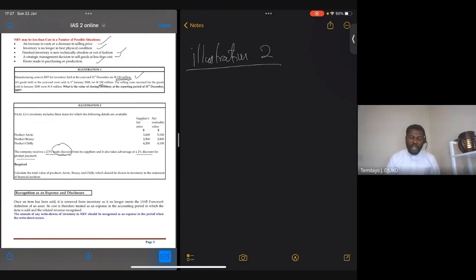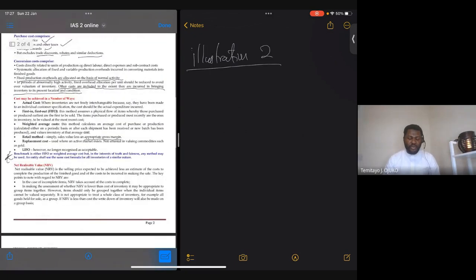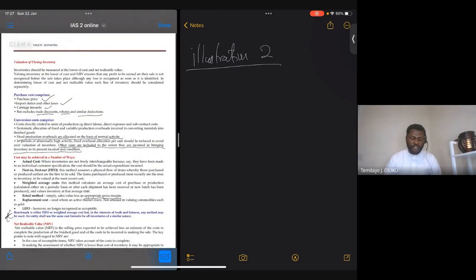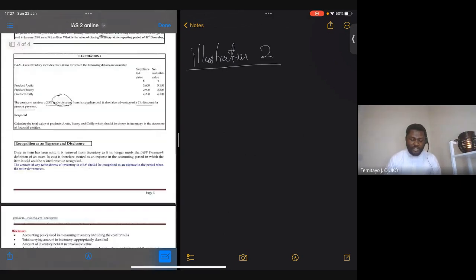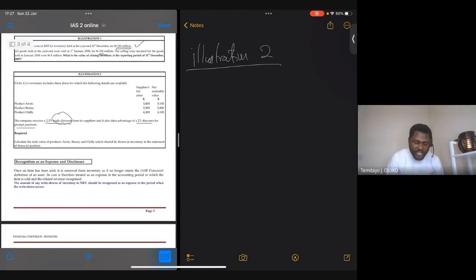Now, when we're looking at what comprises the cost of an inventory, we said it should exclude trade discount, rebate, and similar deduction. But we did not say that it should exclude cash discount. So it means that the effect of this cash discount does not affect us. We are only bothered about the trade discount.